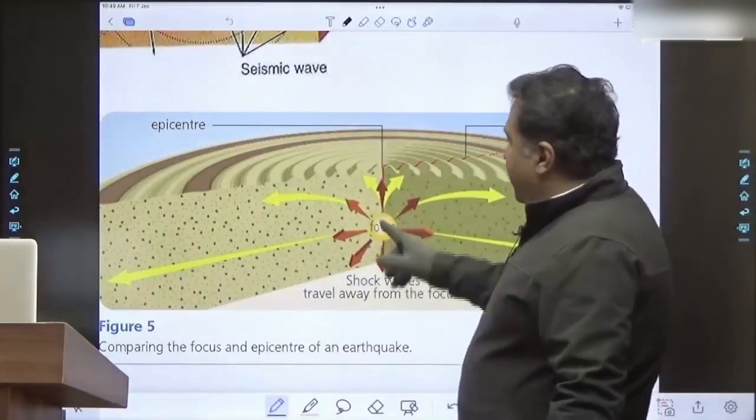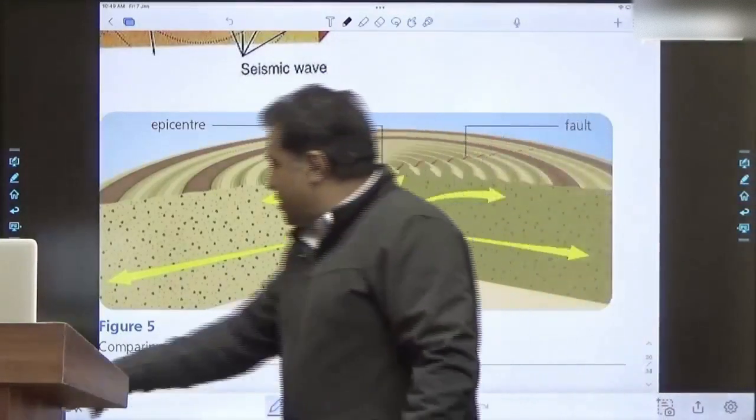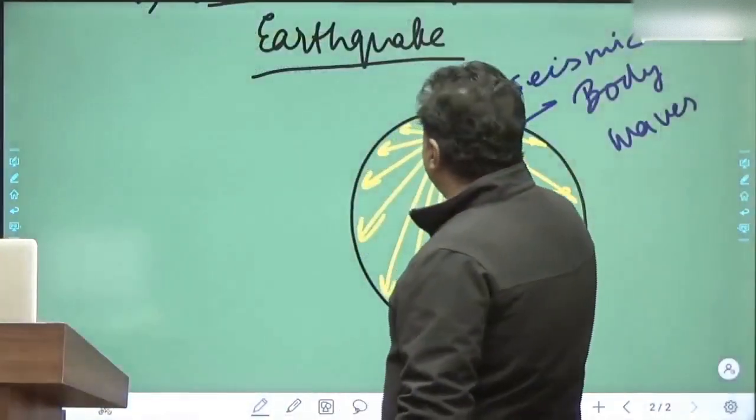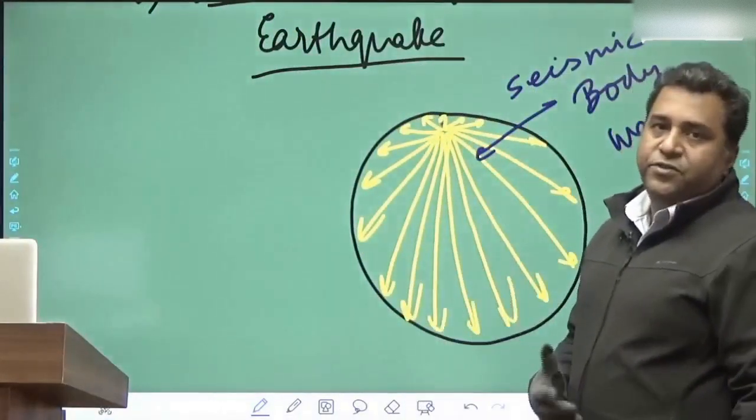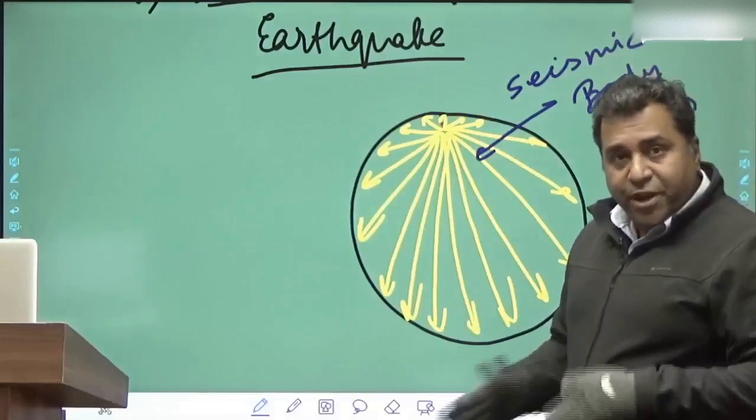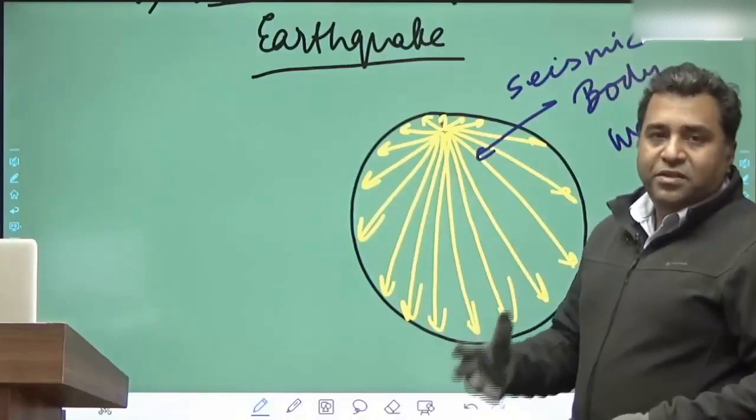Now, as these seismic body waves are traveling, you can understand that they will reach the surface in all directions. They will travel inside the body and then reach the surface of the earth.